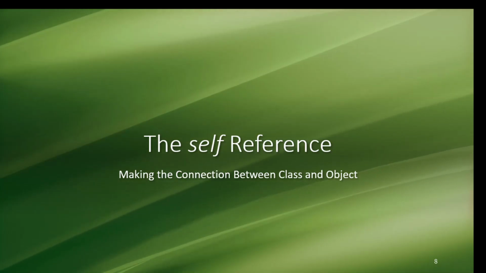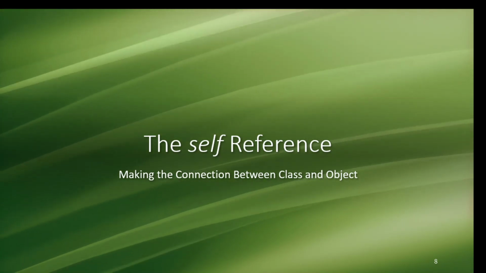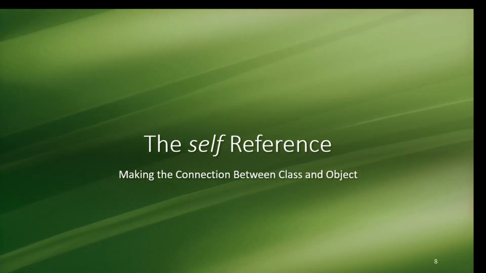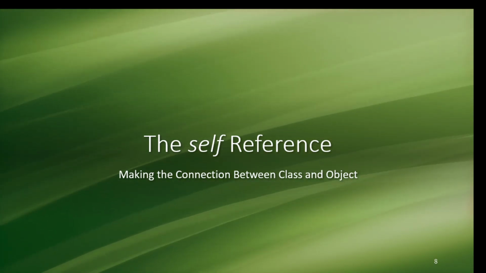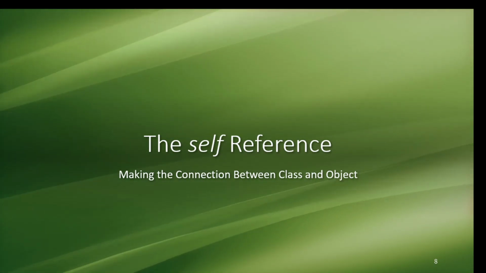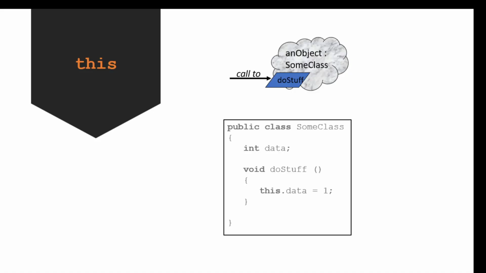The other thing I want to bring up before we jump along is this idea of a self-reference. This relationship between the class and the object is very much about scope as well. In Java, it's called this. It's like reading a self-diagnosis pamphlet that talks about coughs or chills or sore muscles or runny eyes.